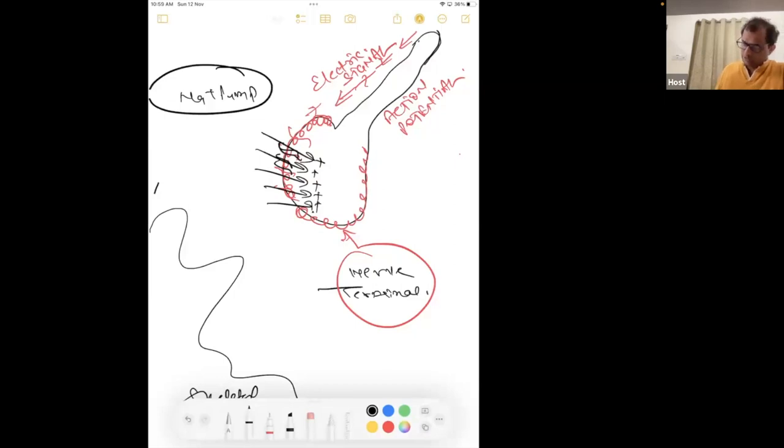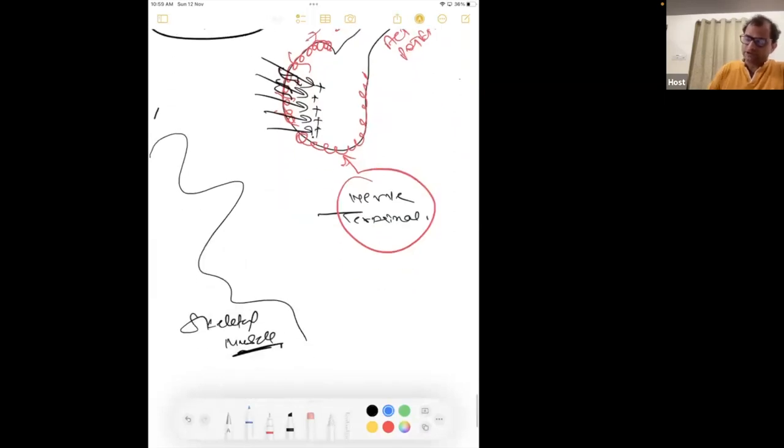Normally the polarity inside is minus 70 millivolt. But sodium will come and will change the polarity and keep on changing it, even until plus 10 millivolt. So what is this change in the polarity? We call it depolarization.